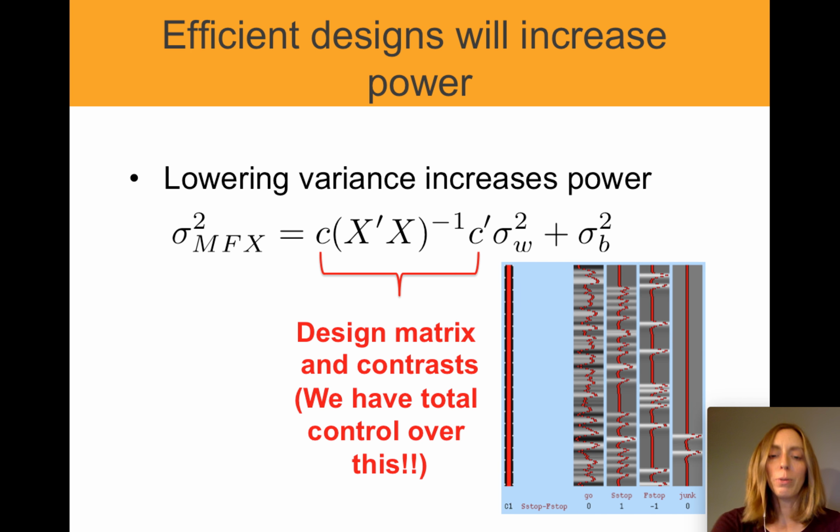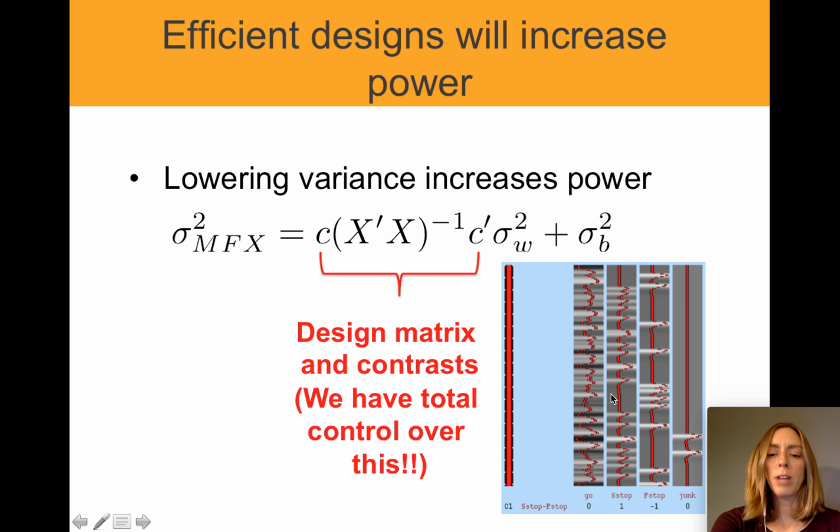So if you've never seen one before, this is a design matrix from FSL. It's for a stop signal task, so there are go trials. This is time at 0 at the top and time's increasing as you go down. So every time this wiggles to the right, that's a go trial, and then it goes down. There's a bunch of go trials, it goes down, and so on and so forth.